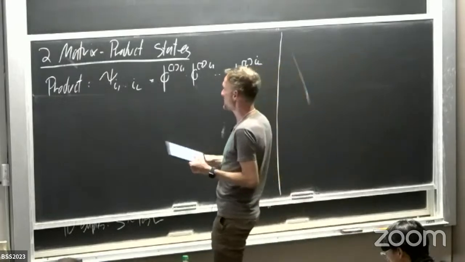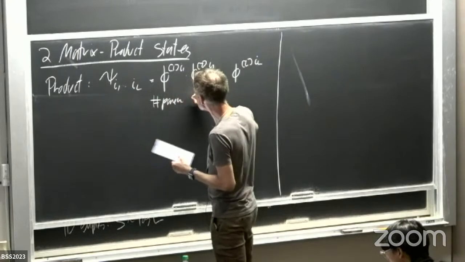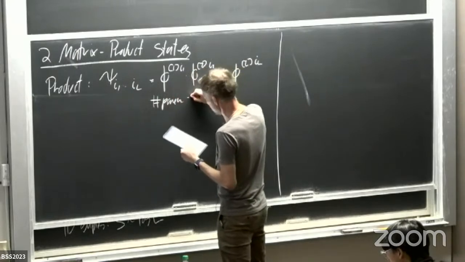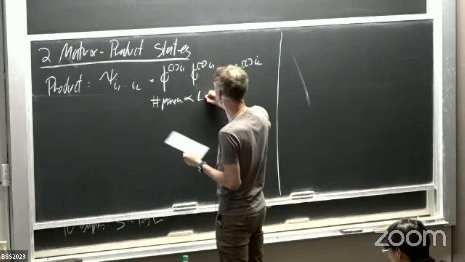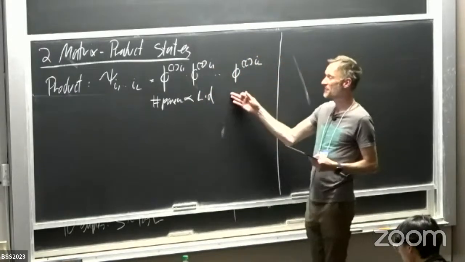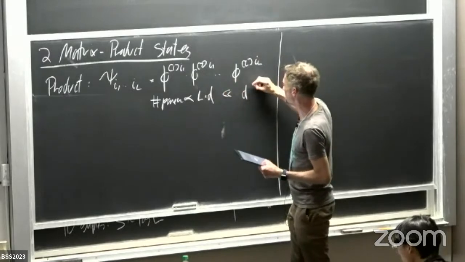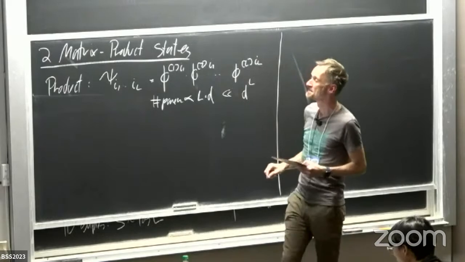And now with this ansatz, the number of parameters is just proportional to L times D. So you significantly brought down the number of parameters, which in the full model was, if you recall, D to the power of L.